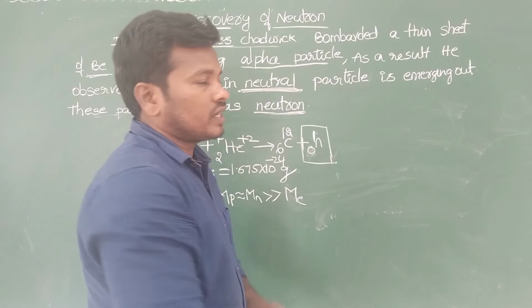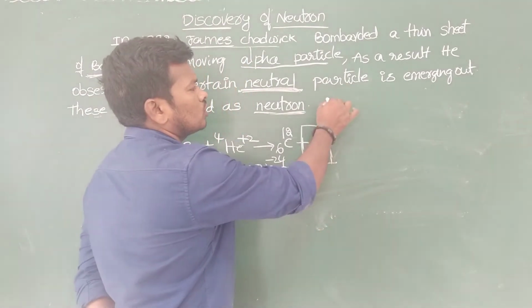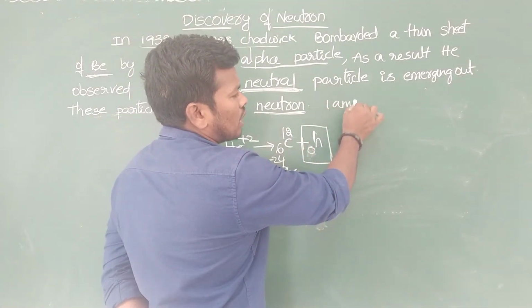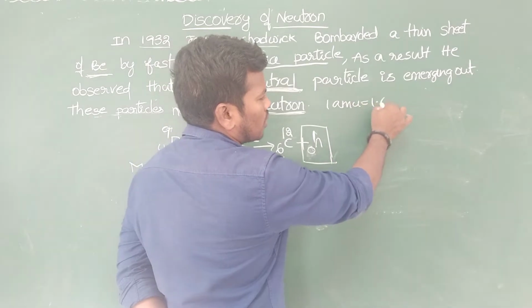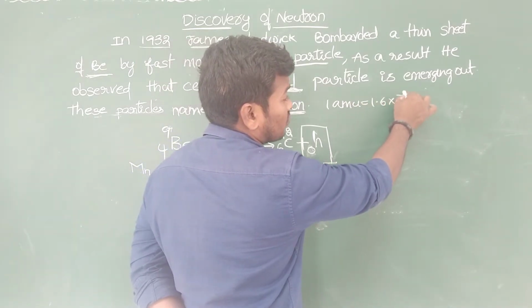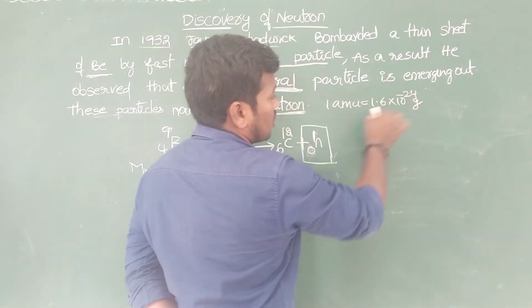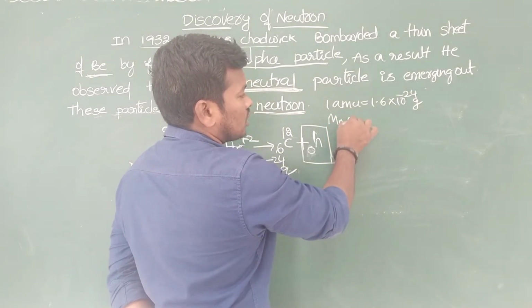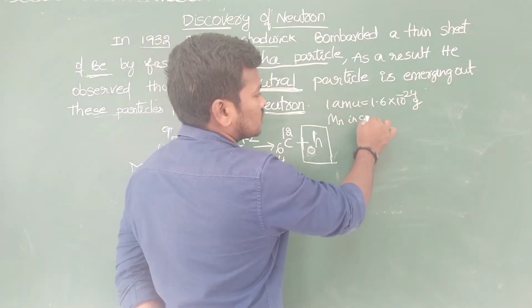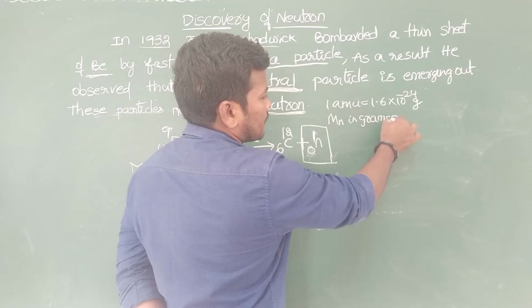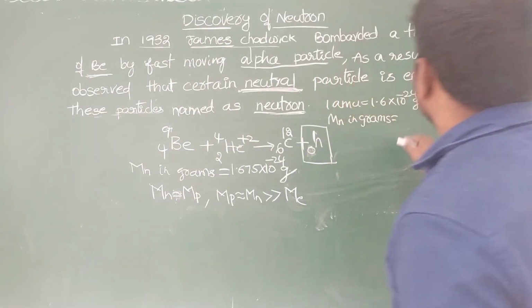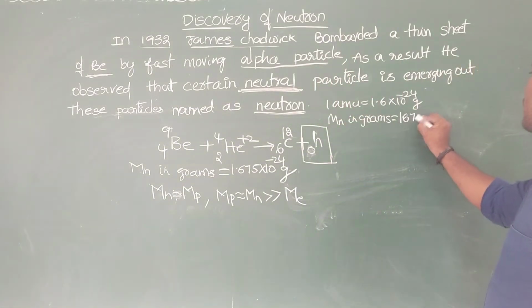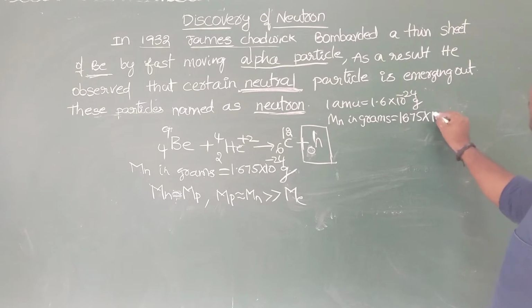So how will we take it in AMU? We know that 1 AMU, atomic mass unit, is equal to 1.6 × 10^-24 grams. Mass of neutron in grams is 1.675 × 10^-24 grams.